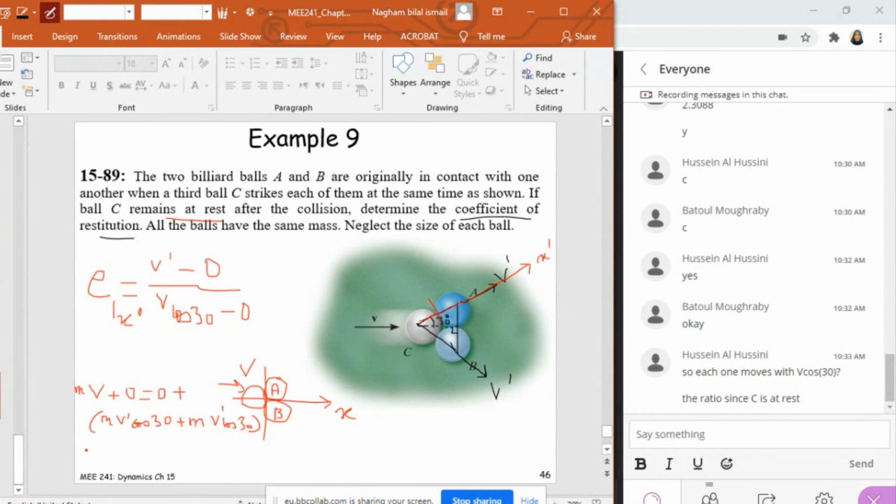And this means that MV is equal to 2M V prime cosine 30. Right, guys? If I remove M and M, then I'm going to have a relation between V prime and V, so that V prime is equal to V over 2 cosine 30.